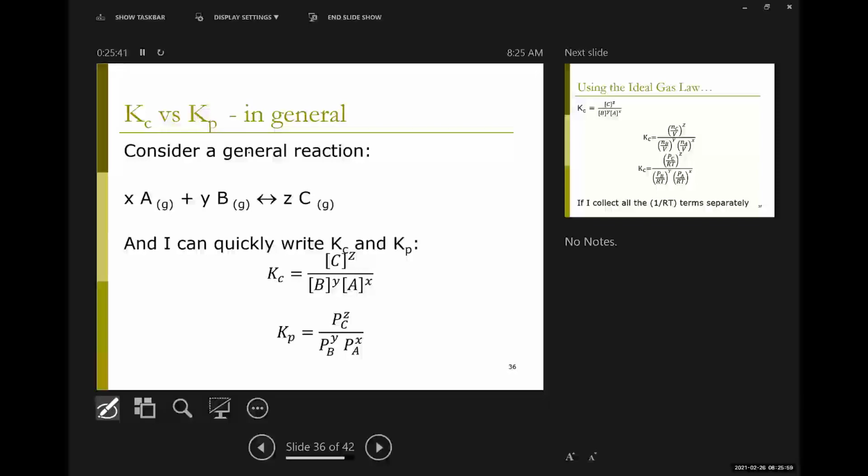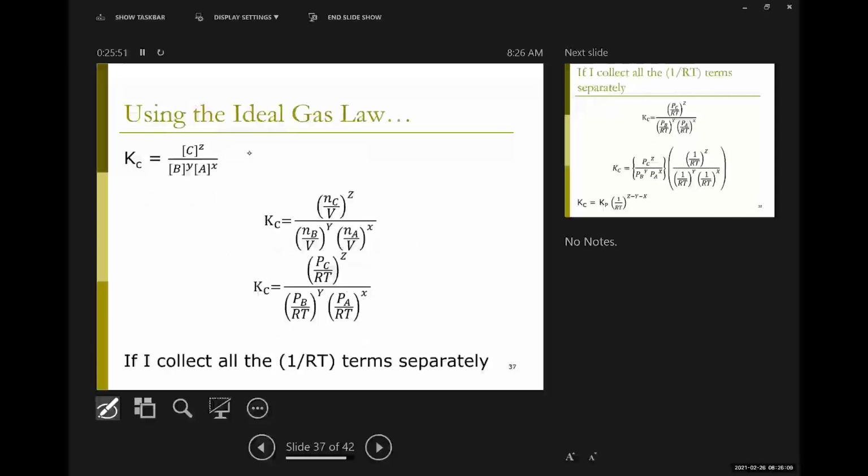In the case of the Kc, it's just molarities raised to their stoichiometry. In the case of Kp, it's just the pressures raised to their stoichiometry. Again, all pressures are related to all molarities by good old RT. In fact, there's really a Kp hiding in my Kc.